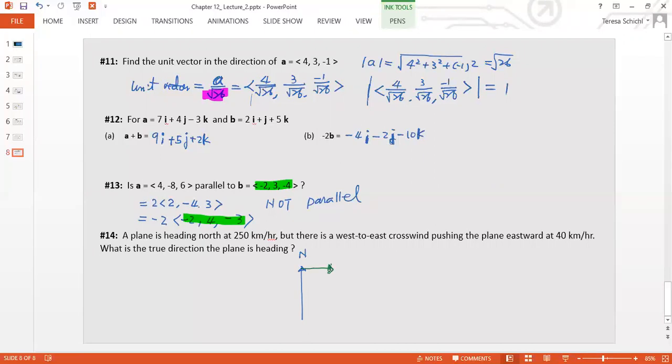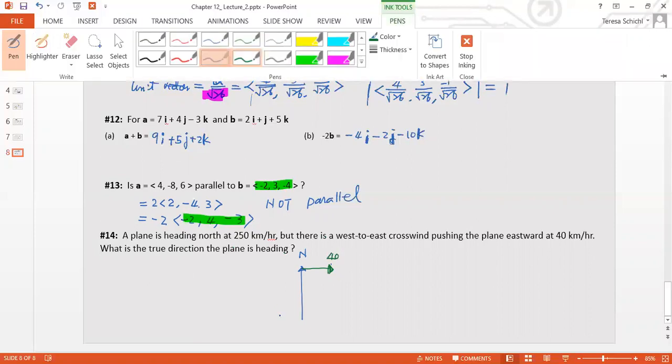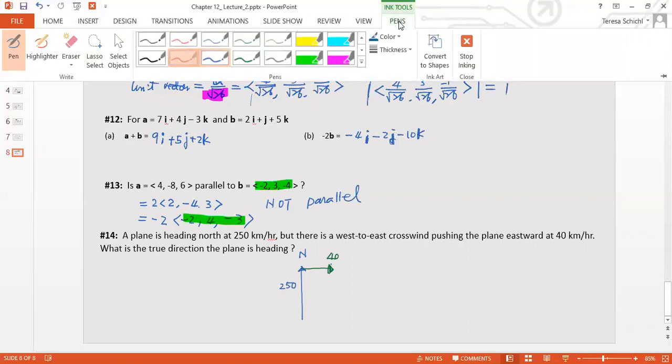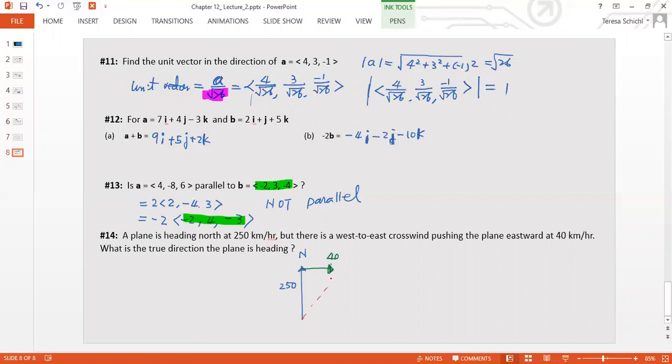The wind is pushing from west to east, and this wind here is 40 km/h, and the airplane is flying north at 250, right? So your airplane is finally going to fly in what direction? Your airplane is going to fly in this direction, right?